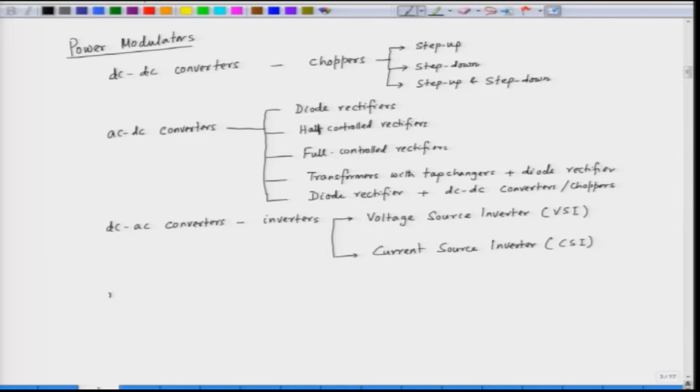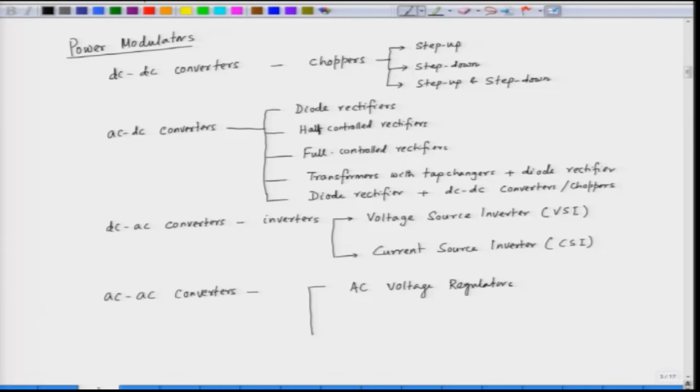So, AC to AC converters: we have the AC voltage regulator, which converts fixed frequency fixed voltage to fixed frequency variable voltage.